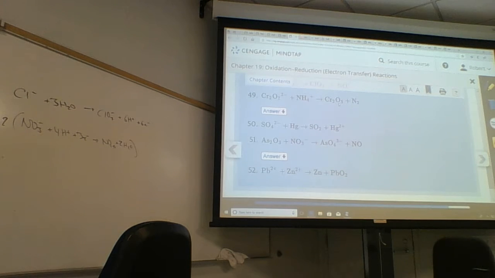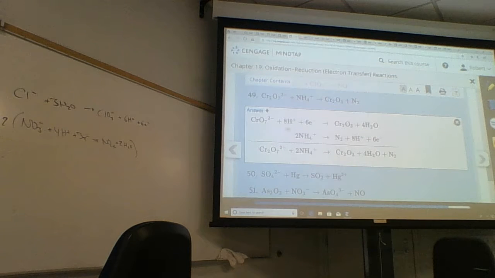We got to get them to match by adding negative charges. And so this has got to be plus 6, 8 positive, plus 8 minus 6 gives us plus 2. Plus 2, plus 2, it's balanced. And then that's 6 electrons, so it just adds up, 1 to 1. You see what they did here? It adds up.